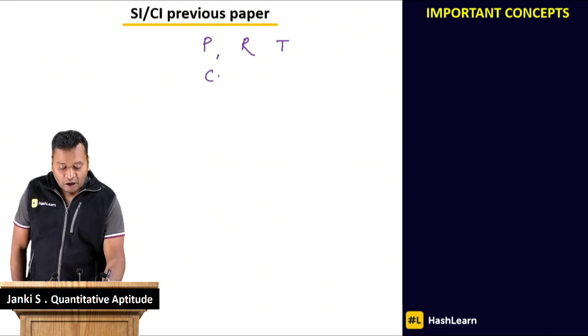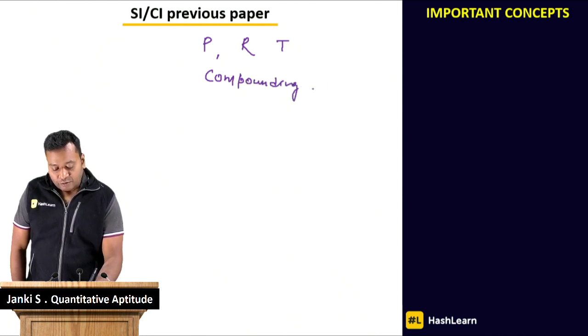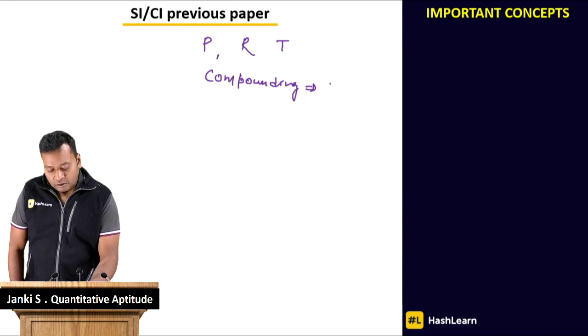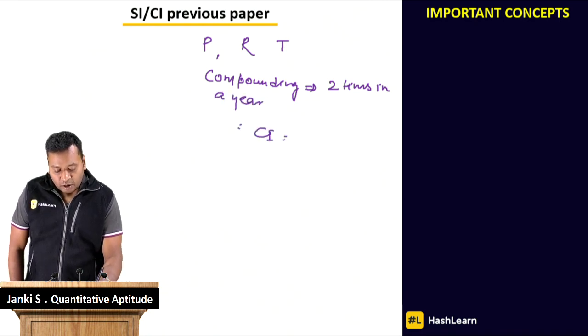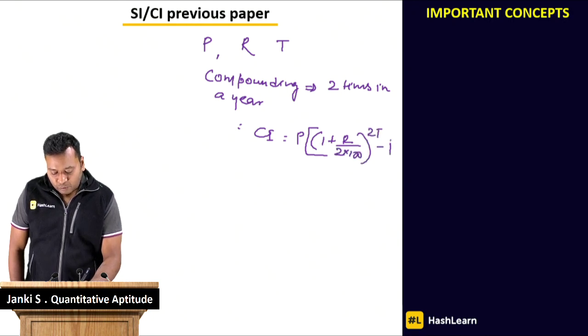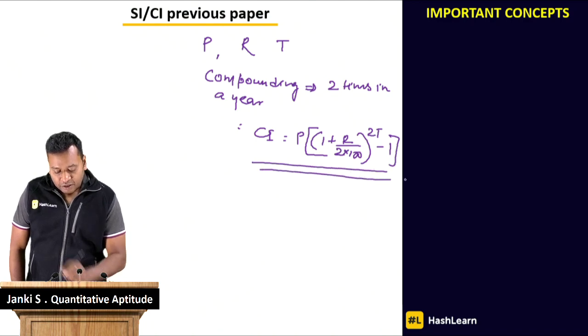And I am compounding it 2 times in a year, right? So my compound interest now is nothing but P into (1 plus R by 2 into 100) raised to 2T, minus 1, will be the representation here.